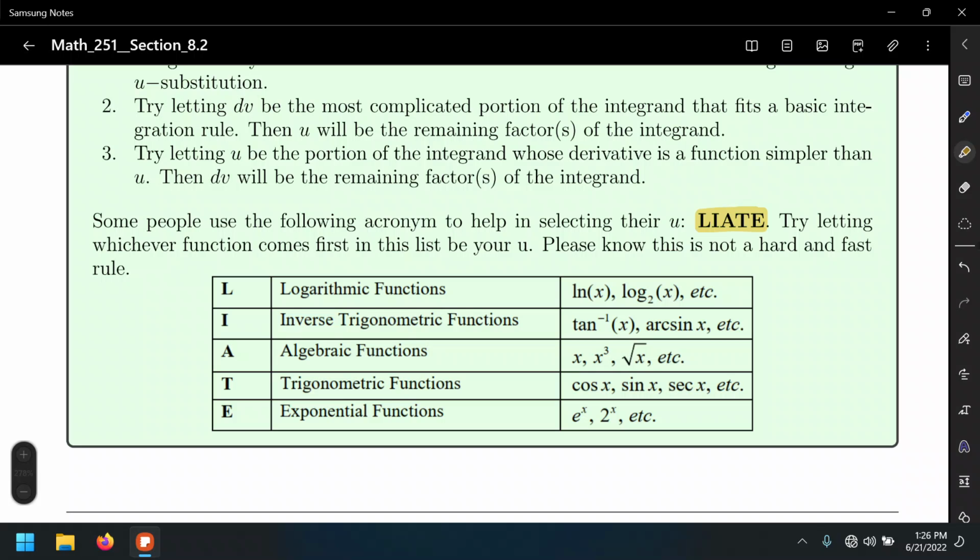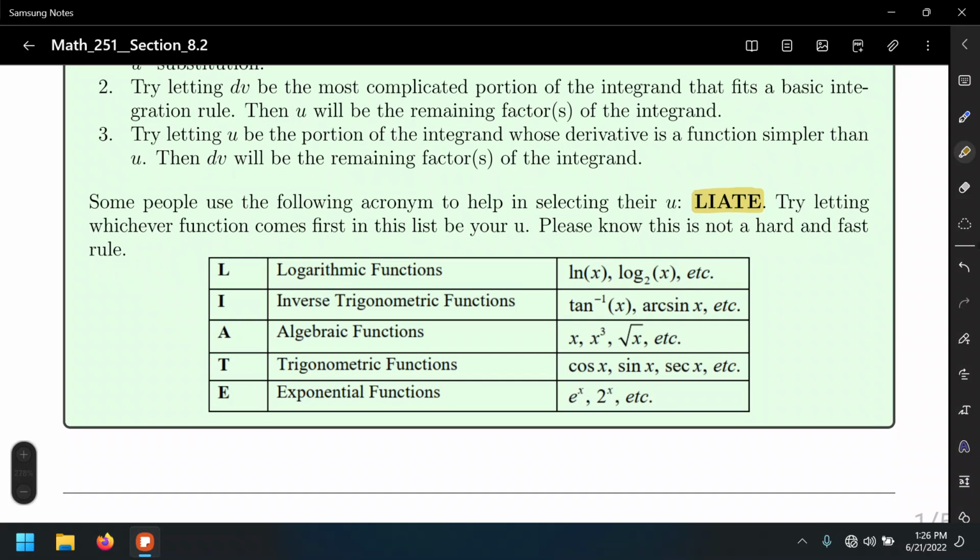The I stands for inverse trigonometric functions, such as inverse sine, arcsine, etc. The A stands for algebraic functions, and by algebraic functions we mean polynomials, radicals, etc. The T stands for trigonometric functions, and the E stands for exponential functions, and not only exponential functions of base e, but also exponential functions of bases other than e. Of course, they work slightly different.